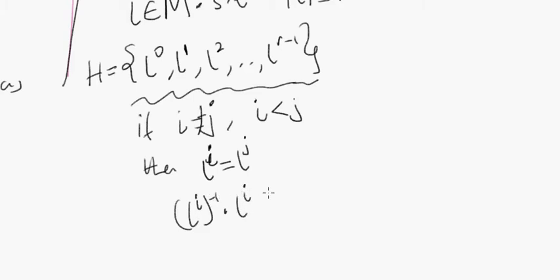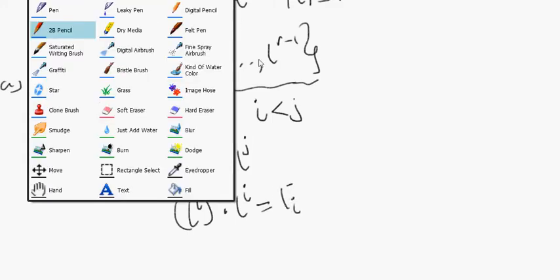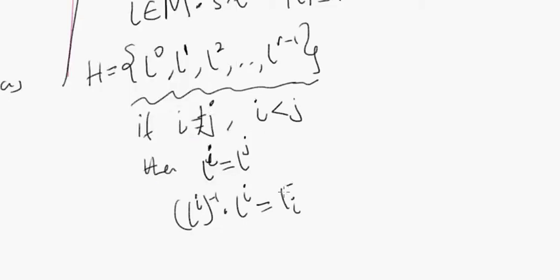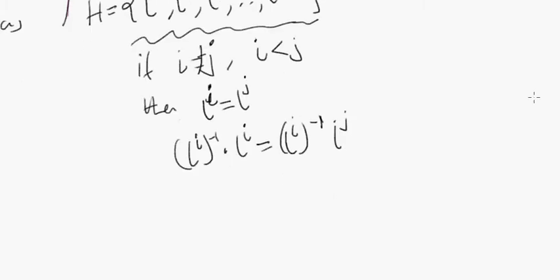We multiply both sides of the equation on the left by l to the i inverse, so we consider l to the i inverse multiplied by l to the j.